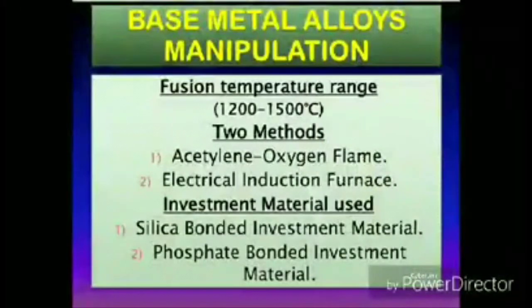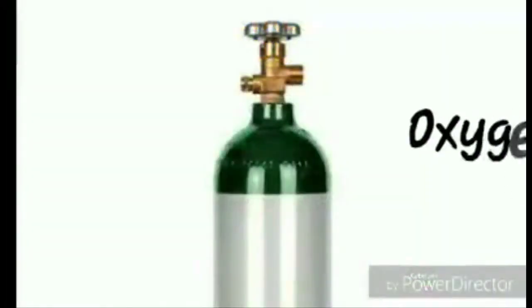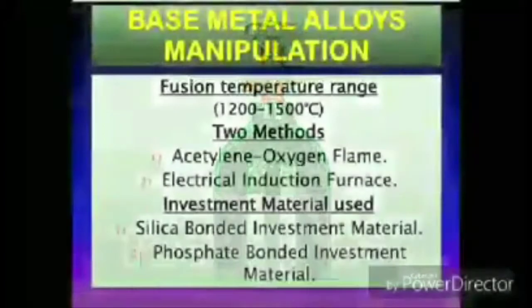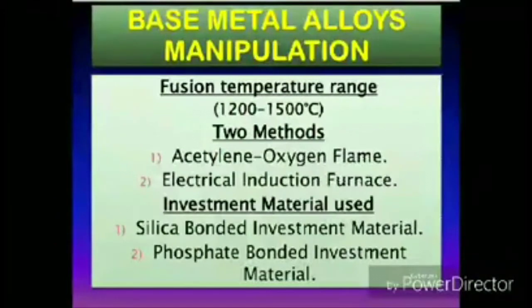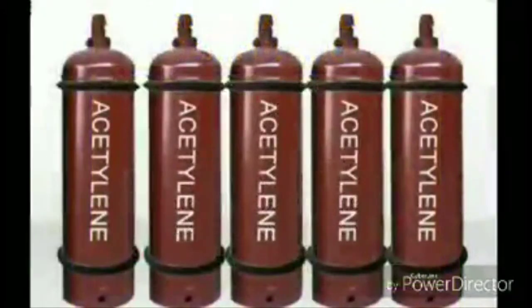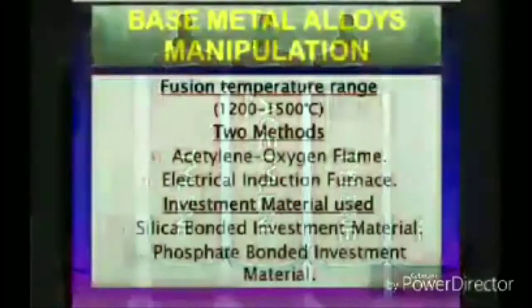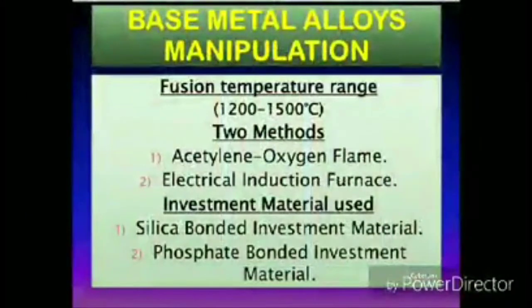In case of the acetylene oxygen flame, the ratio of oxygen to acetylene must be carefully controlled, because in case of excess of oxygen, the oxidation of alloy can occur, whereas in case of excess of acetylene, it may cause metal carbide formation, leading to embrittlement of the alloy.